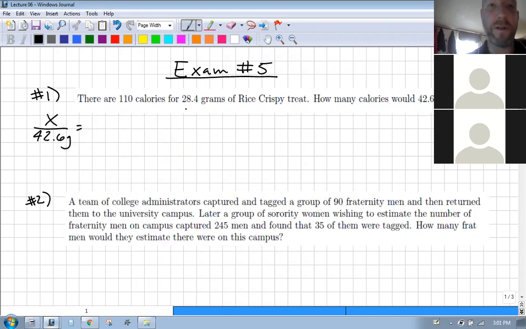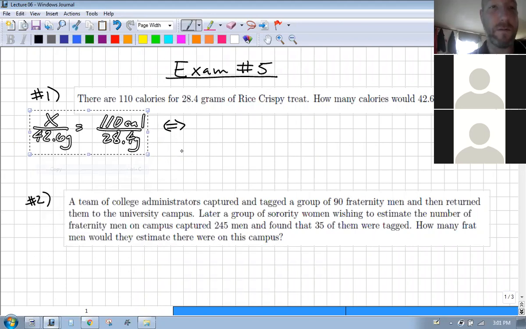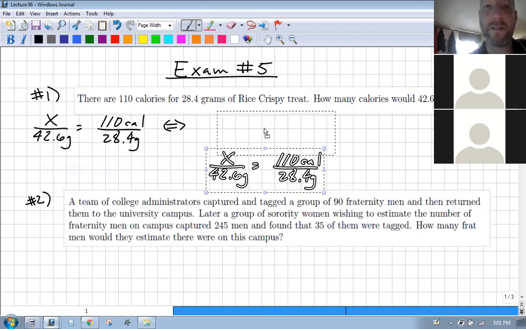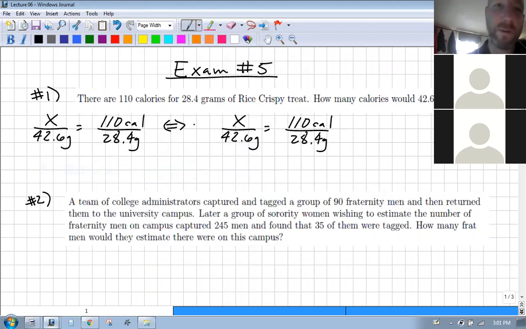We're comparing that to 110 calories of 28.4 grams. So we just need to solve for X.